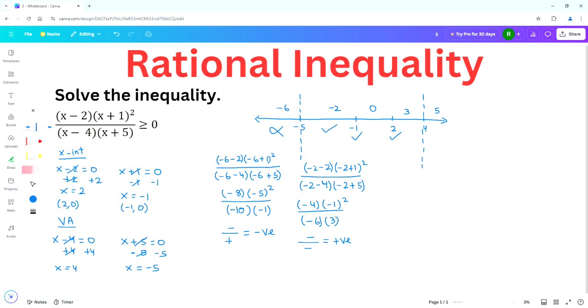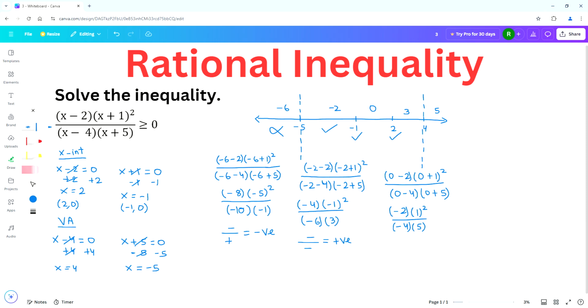Now we can do the check for x equals 0. One square is equal to 1.